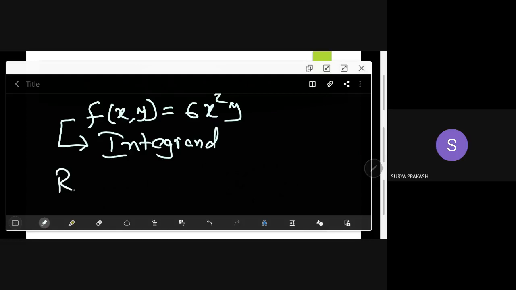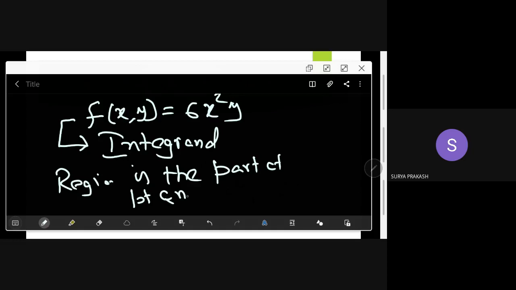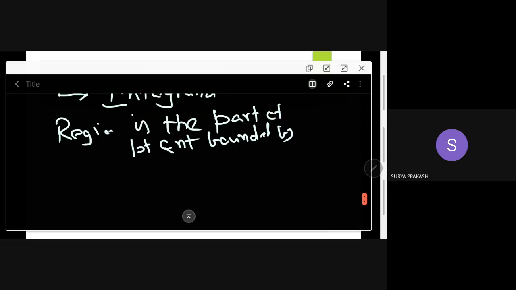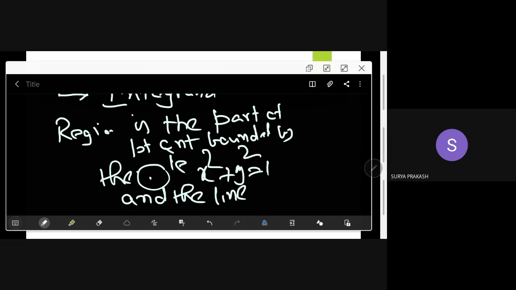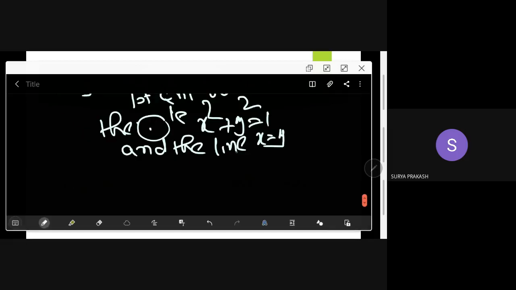Then our region: the part of the first quadrant bounded by the circle x squared plus y squared is equal to 1 and the lines x is equal to y, comma, x-axis. This is our region.